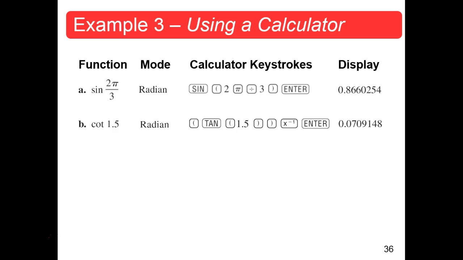What is your vertical line? What is that angle? 90 degrees. Okay, but we're in radians. In radians, what are you? Pi halves. And what is pi? 3.1416 approximately. So half of that is 1.57.